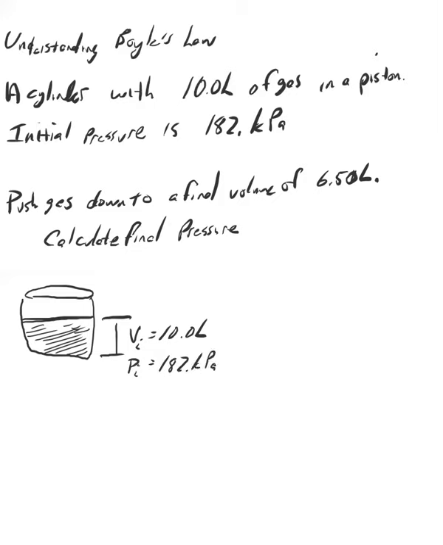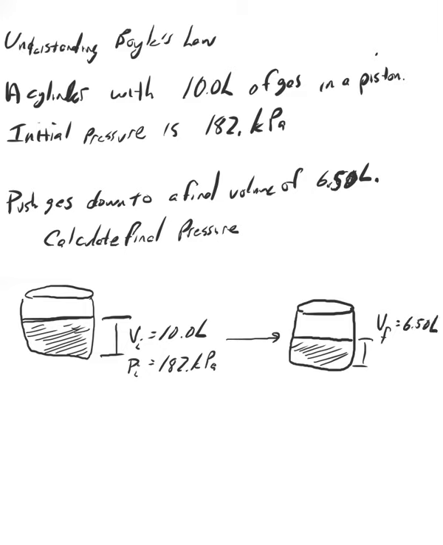And then they say they compress it down to 6.50 liters. So now the gas is down a little bit smaller, right? Not as big as it was. So the final volume is 6.50 liters, and they just want to know the final pressure.